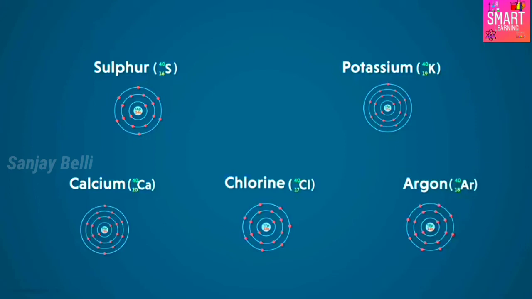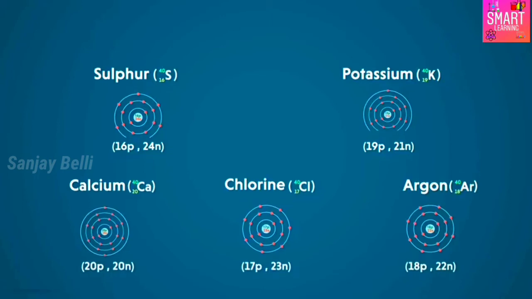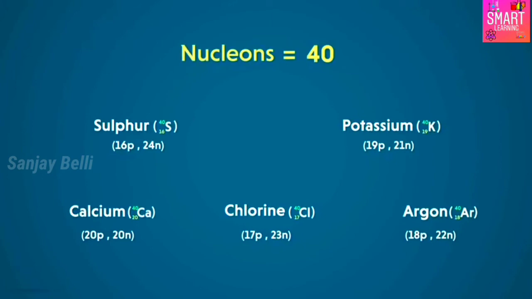Now, if you notice, in each case the number of protons and neutrons is different. It's 16 and 24 here, 19 and 21 here and so on. That's right. However, the total number of nucleons in each sums up to 40.